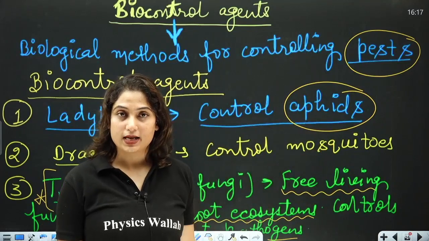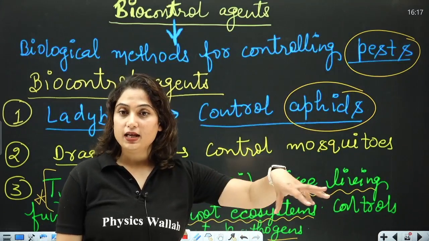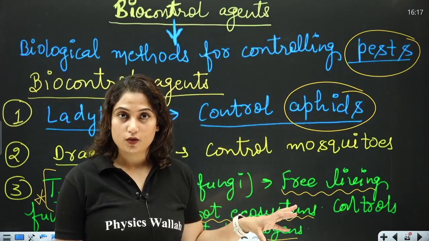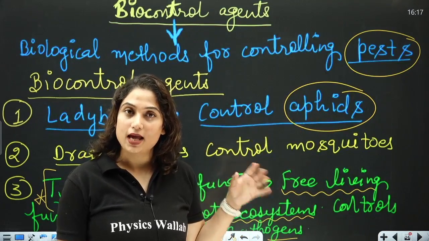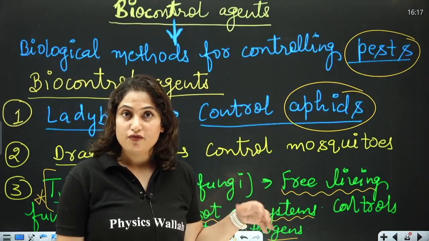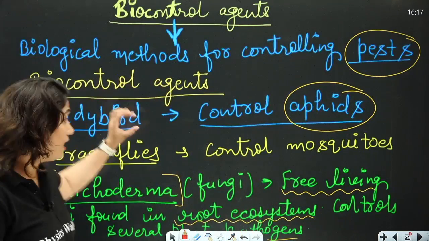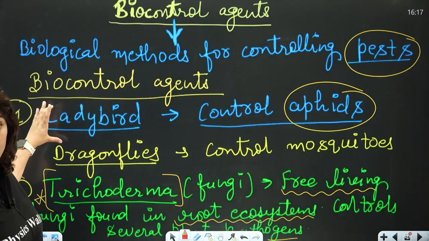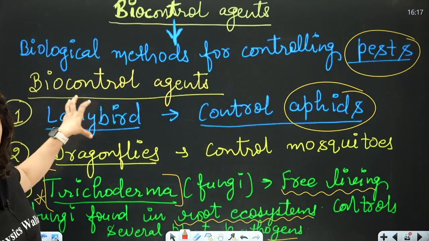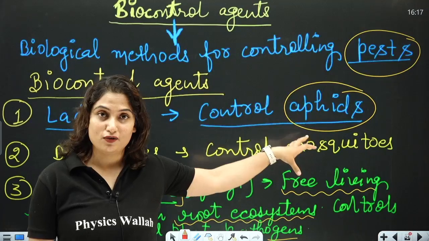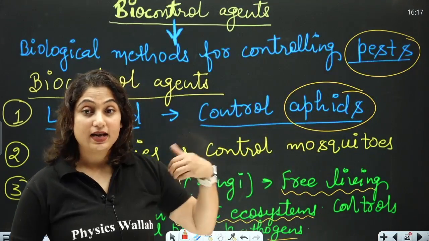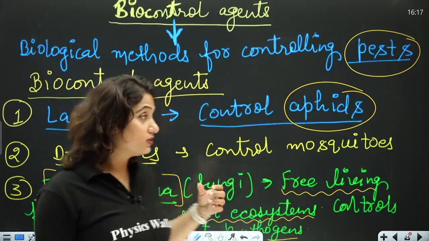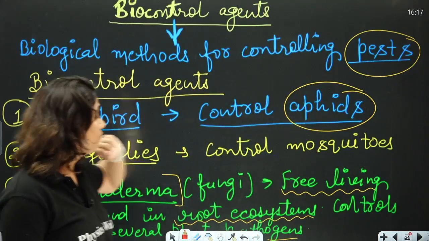So if we have any crop plant which is harmed by aphids, then instead of using chemical insecticides, we can introduce ladybird in that crop land, and this ladybird will naturally remove aphids from there, right? So this is how the biological diversity will also be maintained, because this is a natural prey of the predator ladybird.